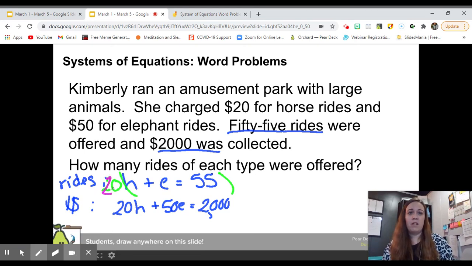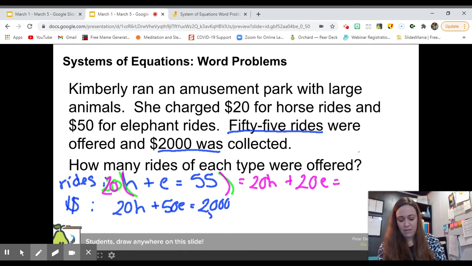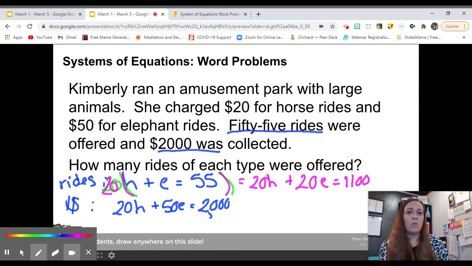I should have used pink and kept the same colors that I was using. So I'm going to do 20 times h, which is 20h, 20 times E, and then 20 times 55. Okay, I'm going to keep the bottom equation the same.